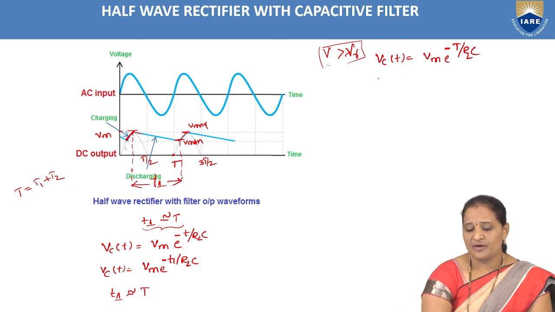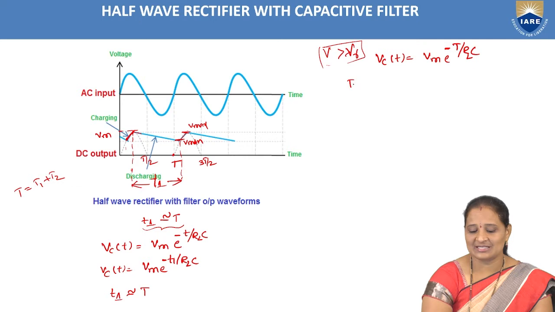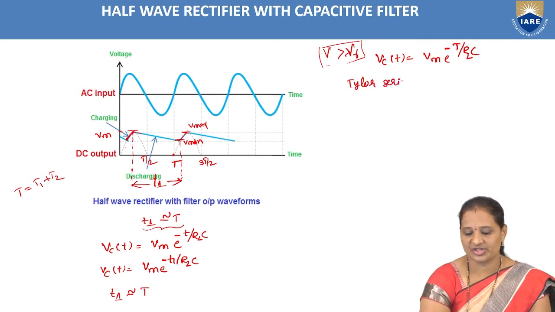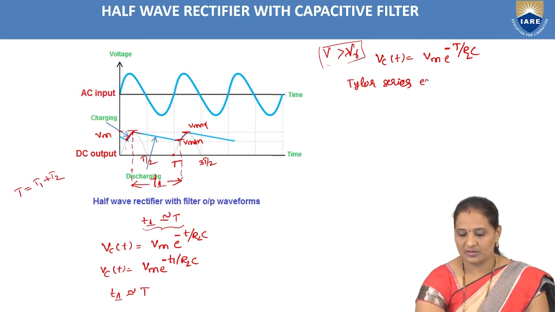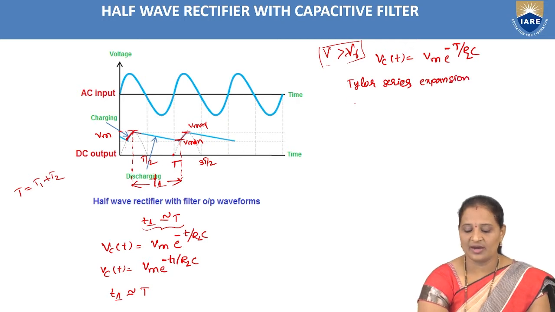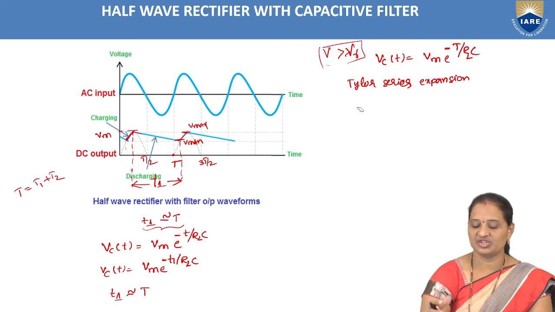Here we use the Taylor series expansion. What is the Taylor series expansion? We have the exponent function e power x.